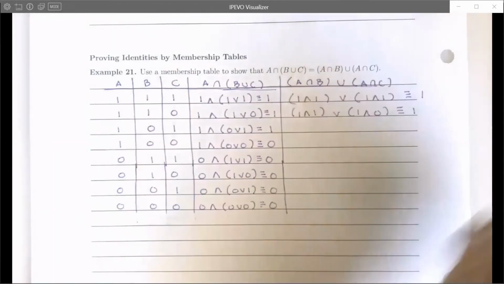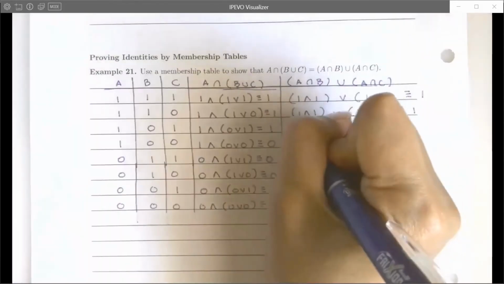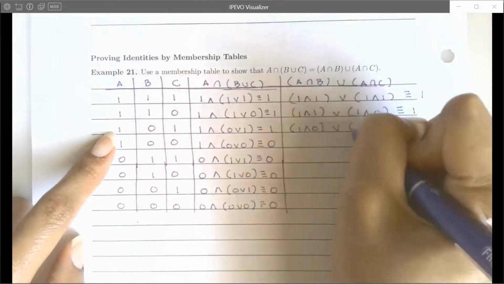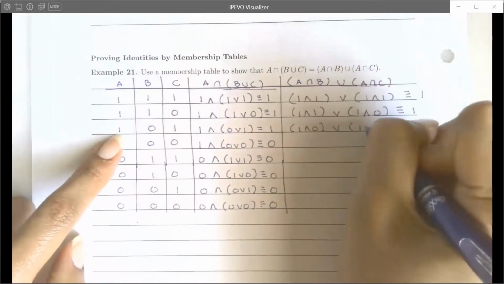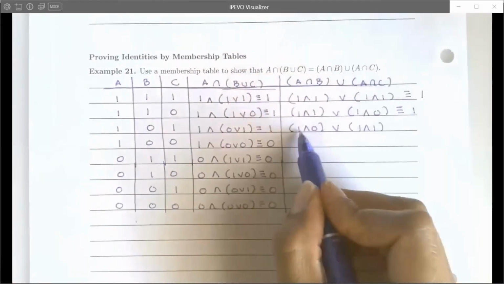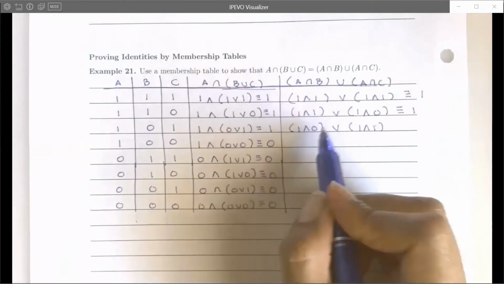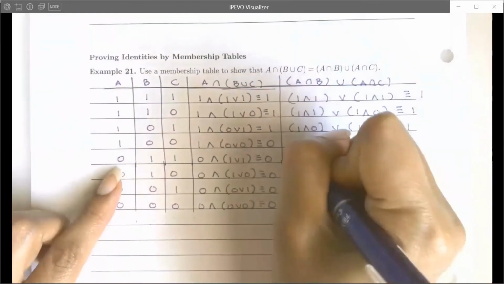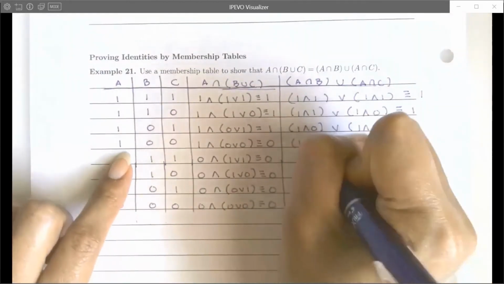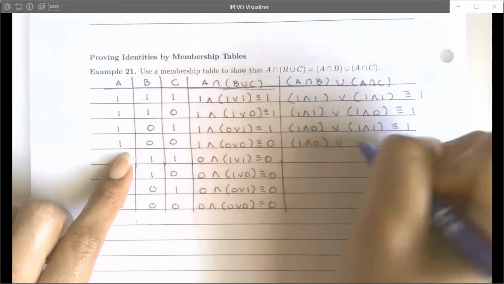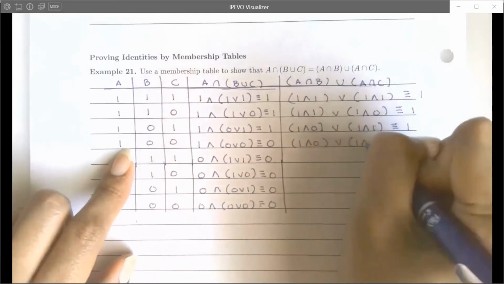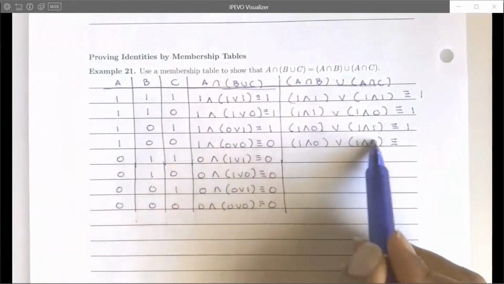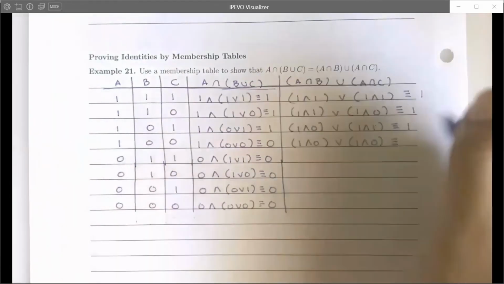So that evaluates to 1. Then we'll have a 1 and 0 or a 1 and 1. This is 0. This is 1. 0 or 1 is 1. Then we have 1 and 0 or 1 and 0. Well, this is going to be 0. This is going to be 0. 0 or 0 gives us 0.